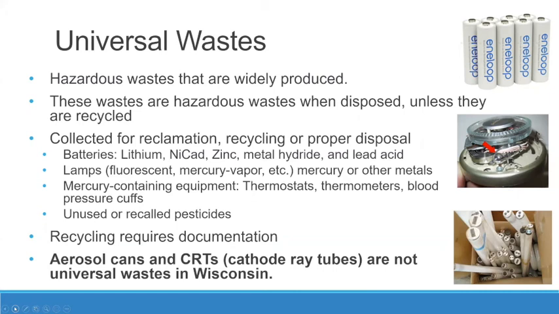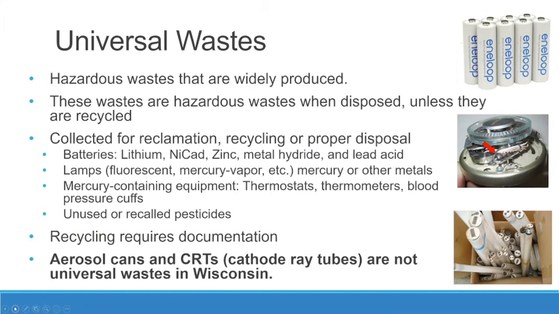And then the last one is, if you have a large enough facility where you would be doing your own, say, lawn care or maintenance, pesticides. Unused or recalled pesticides are also considered a universal waste, and you can send those off-site for recycling under the regulations for universal waste.